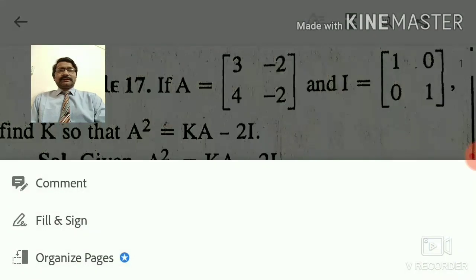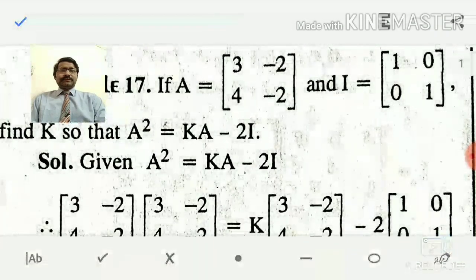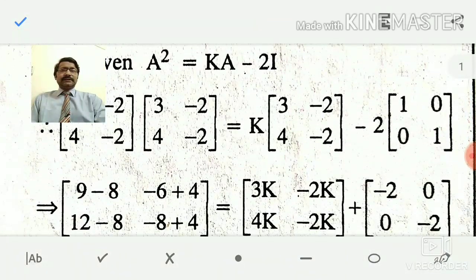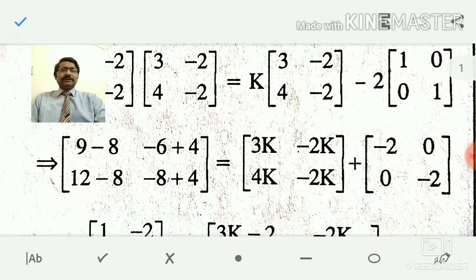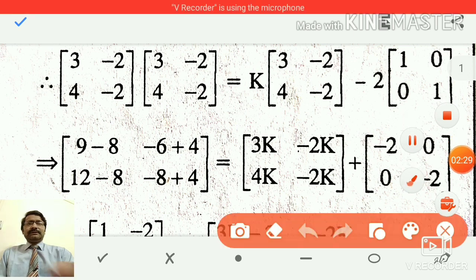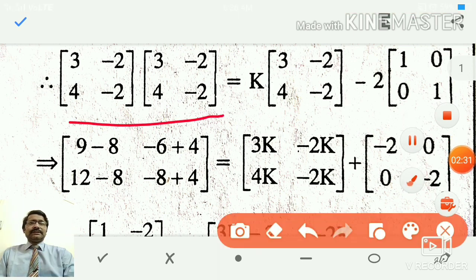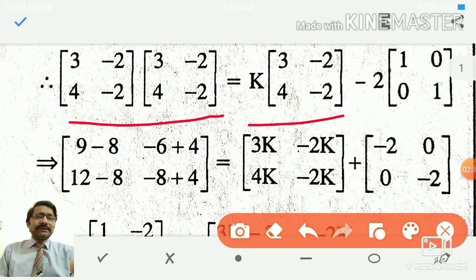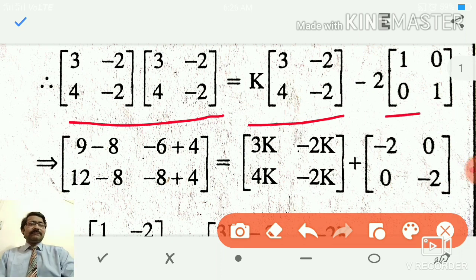So these type of equations we will get, and you have to solve this equation. How can we solve it? First you find A into A. We will do the multiplication. K into A is a scalar multiplication, and then minus 2 into the identity matrix.